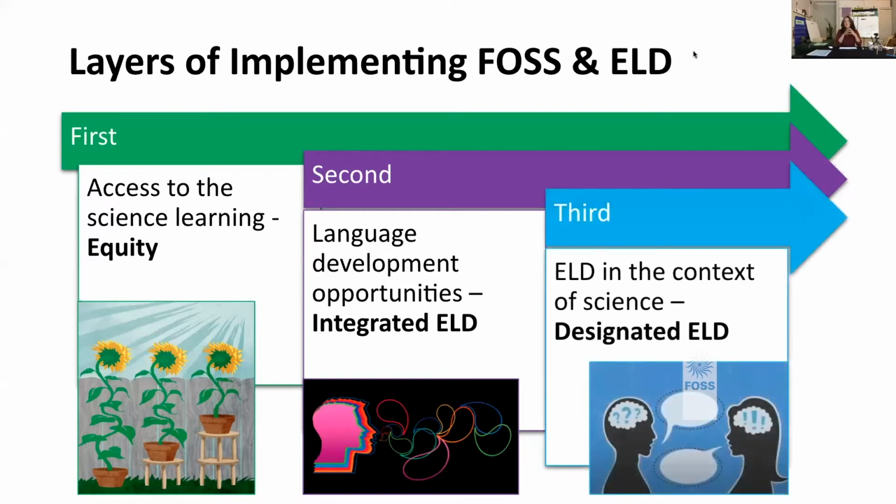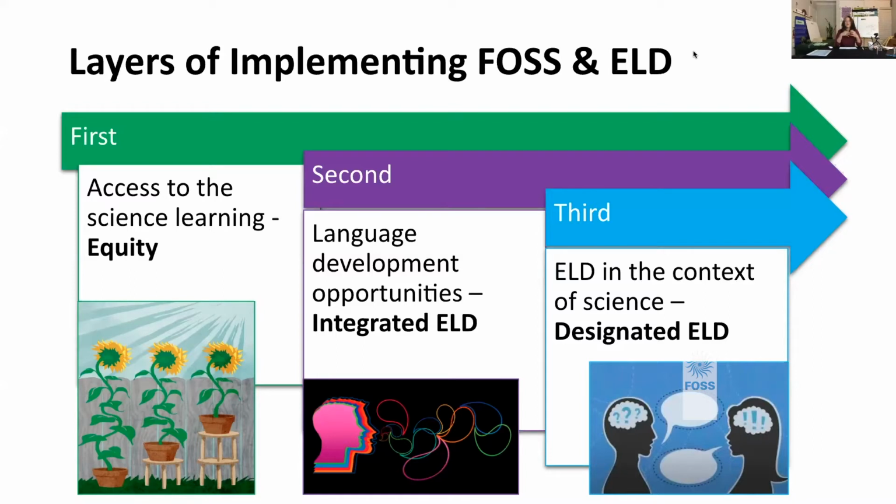Then that third stage, which is much more complex, is what we're going to focus on Thursday if you're able to join us, and that is using the ELD standards as the focal standards for the lesson. This is where we've done a lot of wonderful work with Santa Barbara in developing lessons that are based on the ELD standards, that have a scope and sequence based on the ELD standards, but they're all done in the context of the FOSS science lessons.